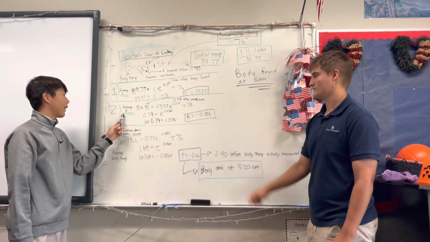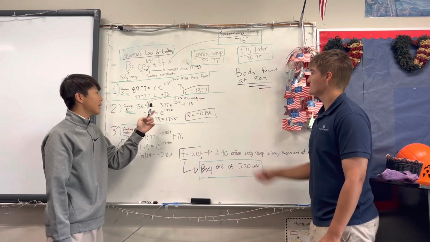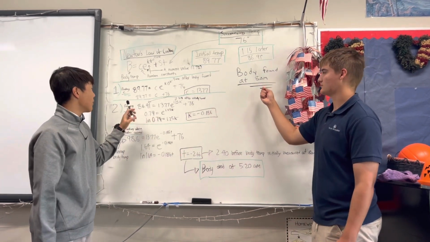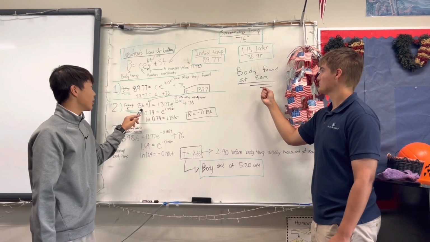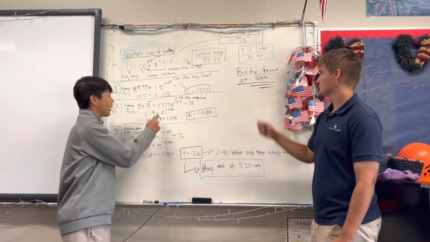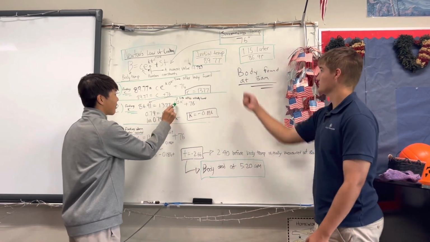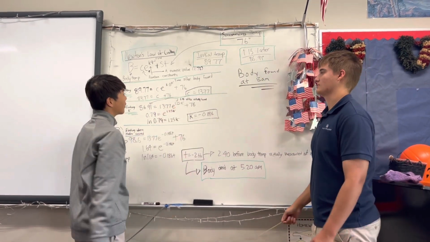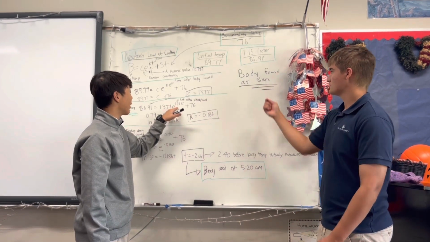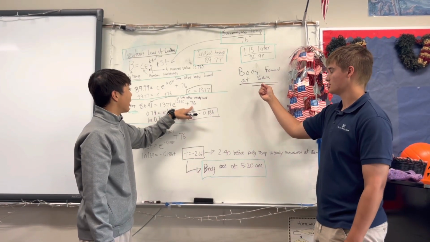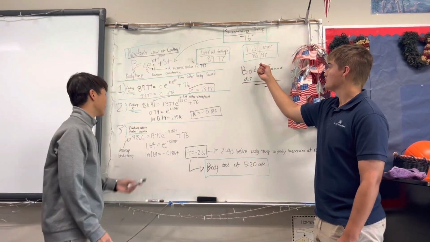Now we also have to find k. So 1 hour and 15 minutes after the body was found, we measured the temperature of the body, which was 86.91 degrees. And we plug in C, which we found up here, times e to the power of 1.25k, which is the time after the body was found, and add the surrounding temperature, which is 76 degrees.